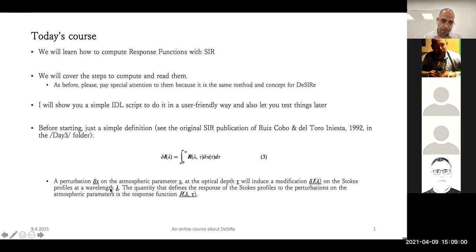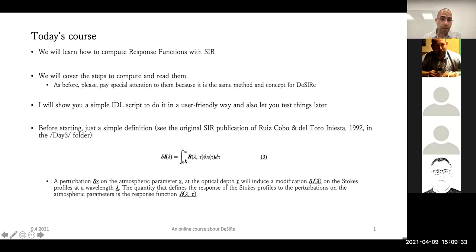So the idea is that we have a perturbation delta x on the atmospheric parameter x. So imagine that this is temperature. A perturbation on temperature, which we have here in the equation, is done at a given optical depth, so at a given height in the atmosphere. This perturbation is going to induce a modification of the Stokes profiles, and this will happen at a given wavelength.